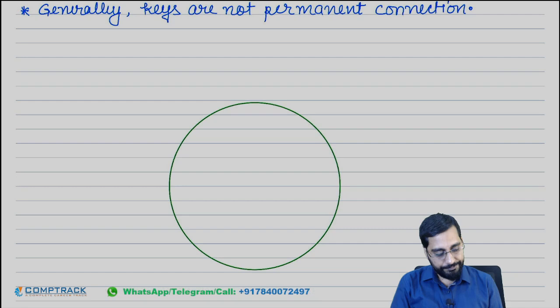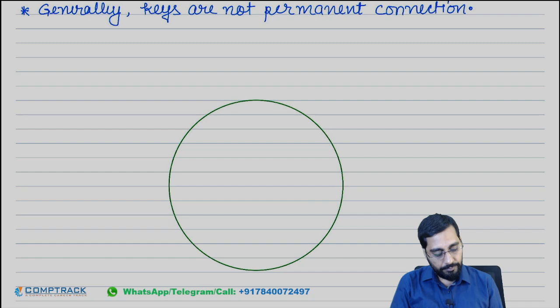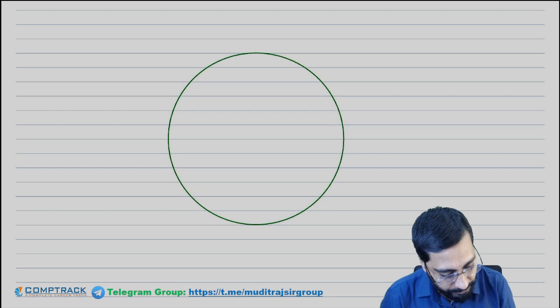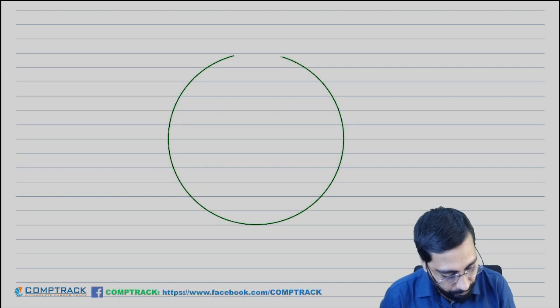This is the shaft, and on the shaft keyway is provided. So when keyway is provided, there will be space here like this.